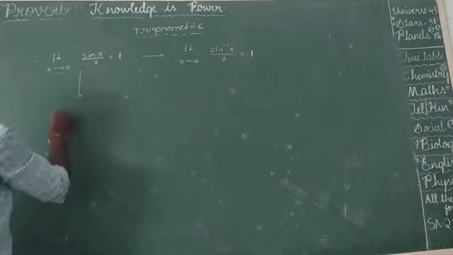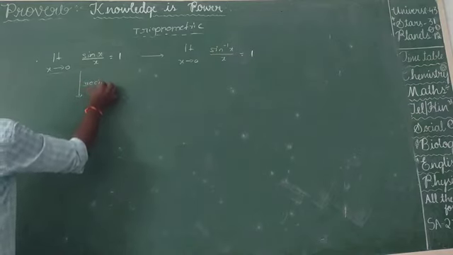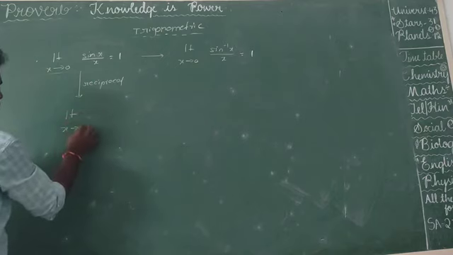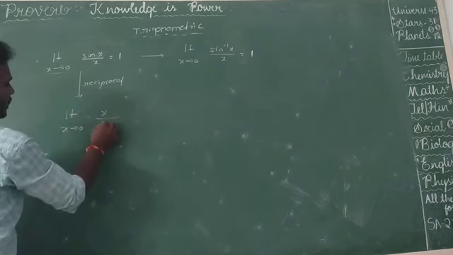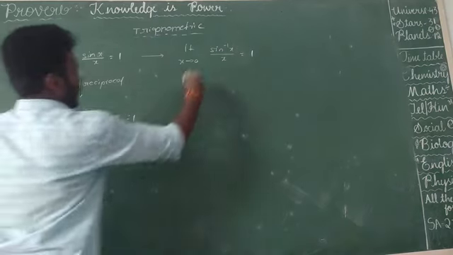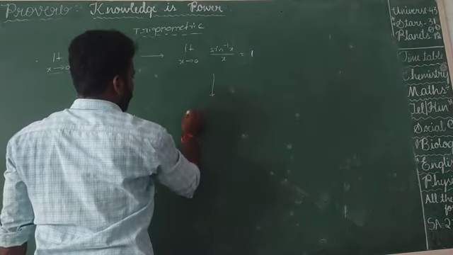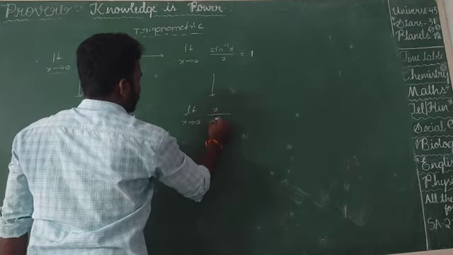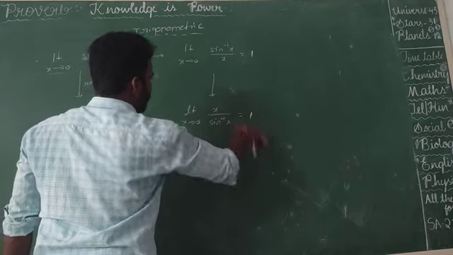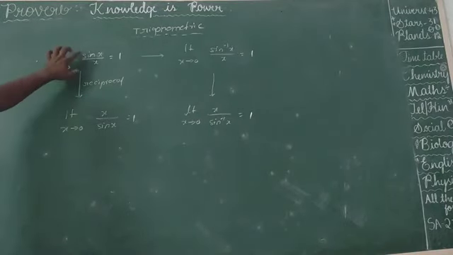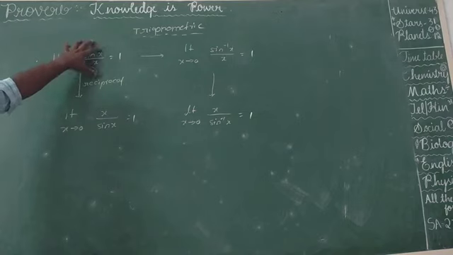For the reciprocal of this one, limit x tends to 0, x by sin x is also 1. For this reciprocal also, limit x tends to 0, x by sin inverse x is 1. Okay, so sin x by x is exactly this value less than 1.